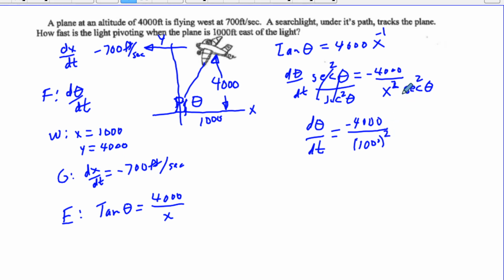Times the reciprocal of secant, which is cosine again, and cosine is going to be adjacent over hypotenuse.